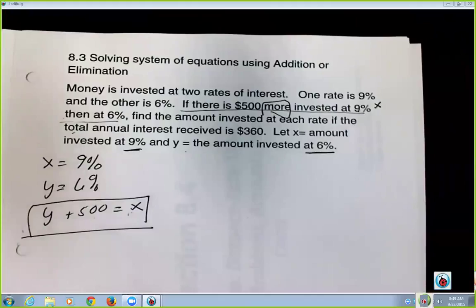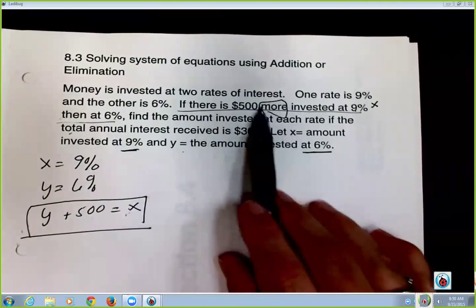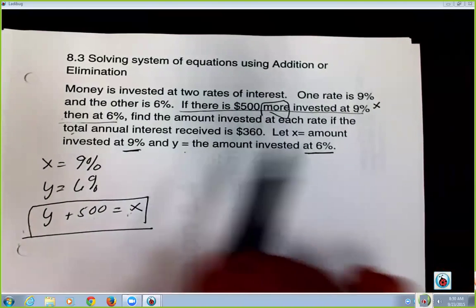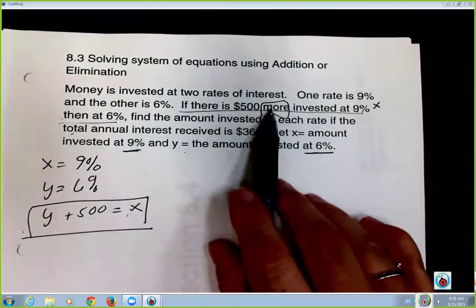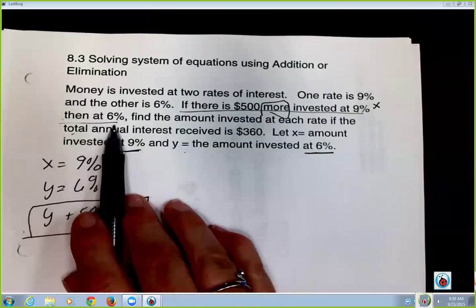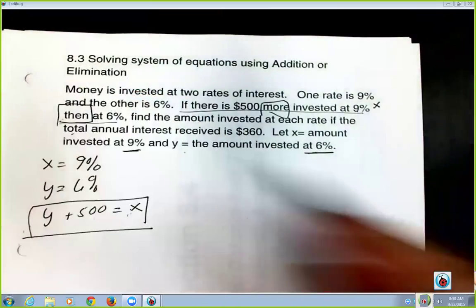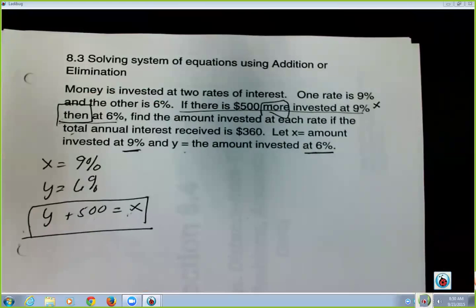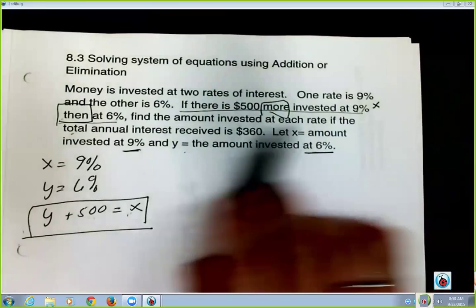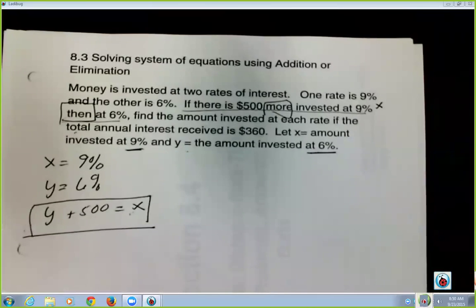When you look at some of these, you might think that I need to reverse this because of where the more is at. Normally, when you read this, you would say 500 more, so 500 plus the 9%. But you have to watch this, because at 6% it reverses your two pieces here.